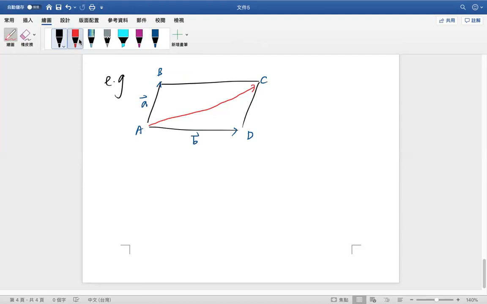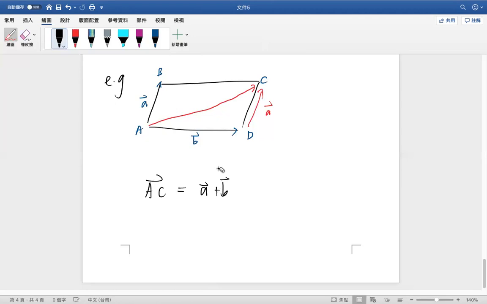You can just move the vector A right to here, right? And then you see that's the tip and tail thing right here. So that's why the vector AC is just A plus B.